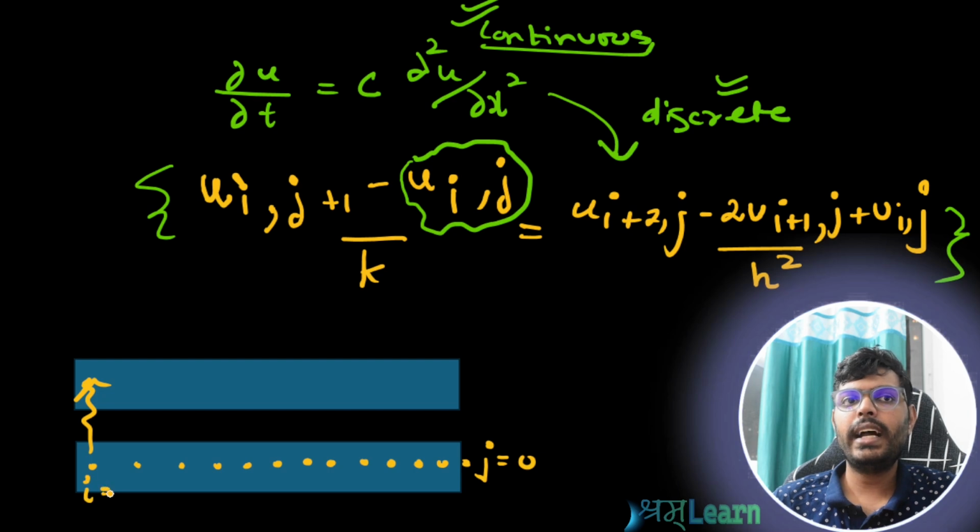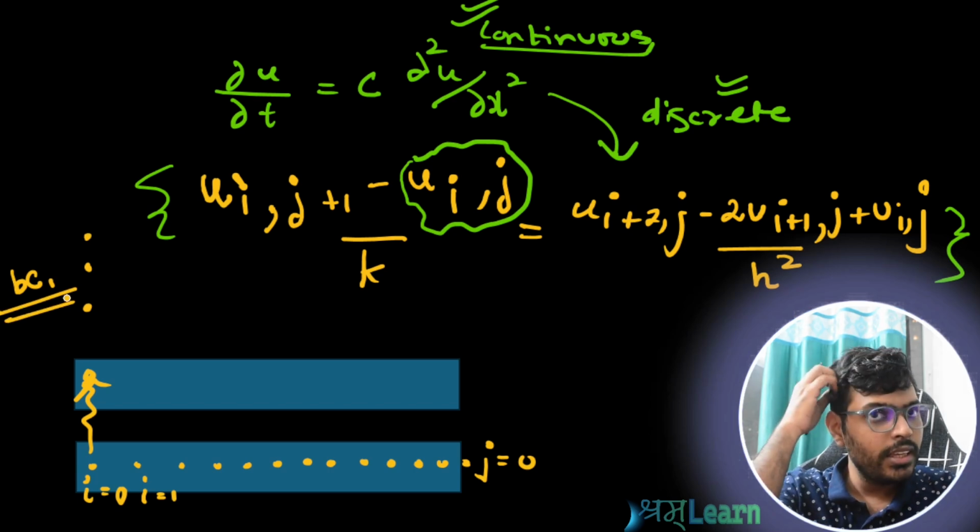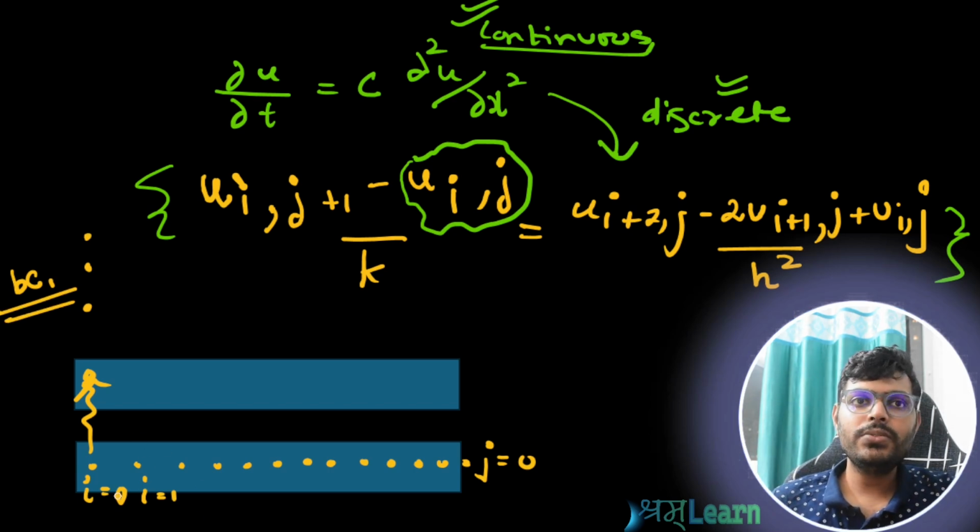So can I calculate u of i comma j plus 1? This is my i equals 0, i equals 1. For i equals 0, I also know j plus 1, and I know all the values. Because what is this? ये है मेरा boundary condition 1. Okay, for i equals 1 I should start.